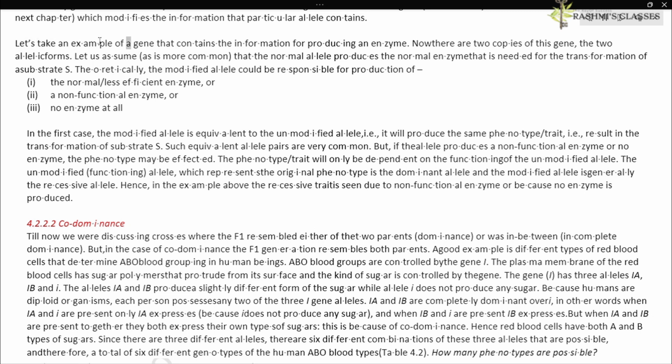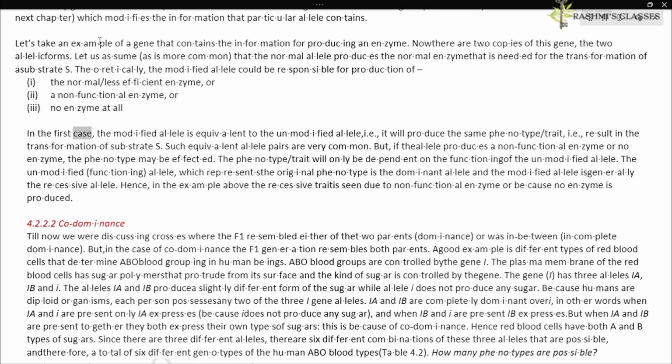Let's take an example of a gene that contains the information for producing an enzyme. Now here are two copies of this gene, the two allelic forms. Let us assume, as is more common, that the normal allele produces the normal enzyme that is needed for the transformation of a substrate S. Theoretically, the modified allele could be responsible for production of the normal/less efficient enzyme, or a non-functional enzyme, or no enzyme at all.